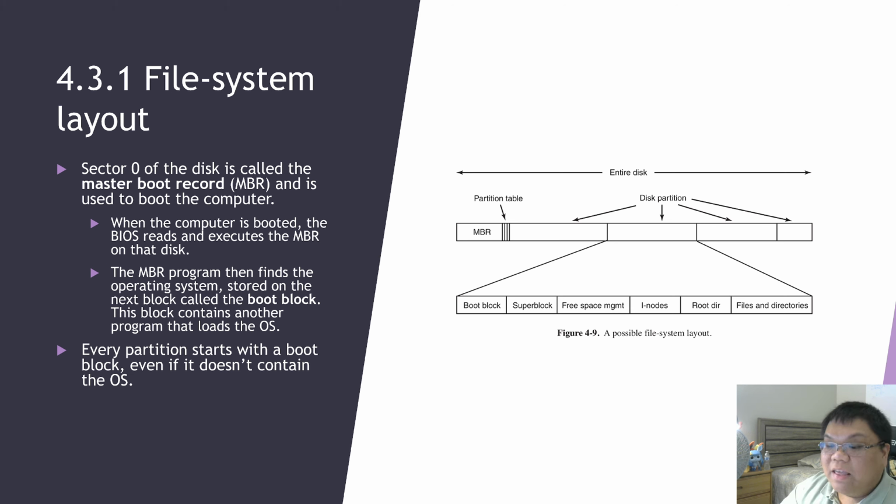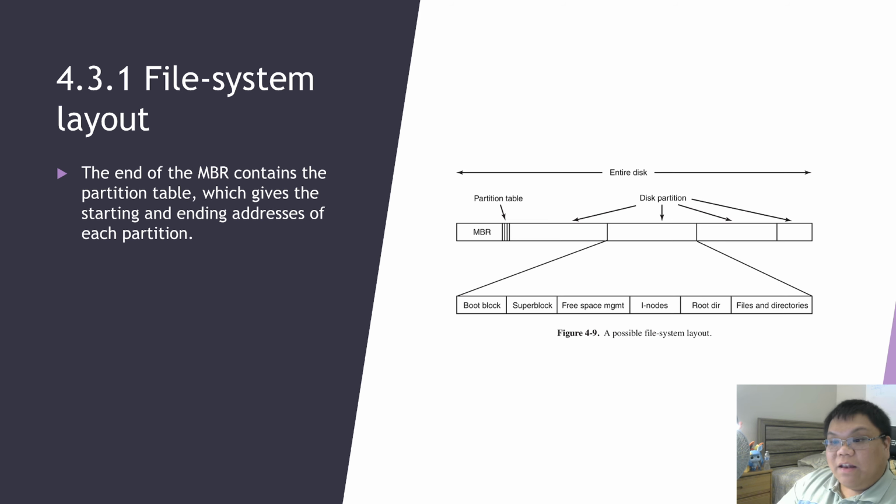Every partition has a boot block, even if it doesn't contain the operating system. At the end of the MBR, there is a partition table that gives the starting and ending addresses of each partition. So again, every partition on the disk is used for a file system.